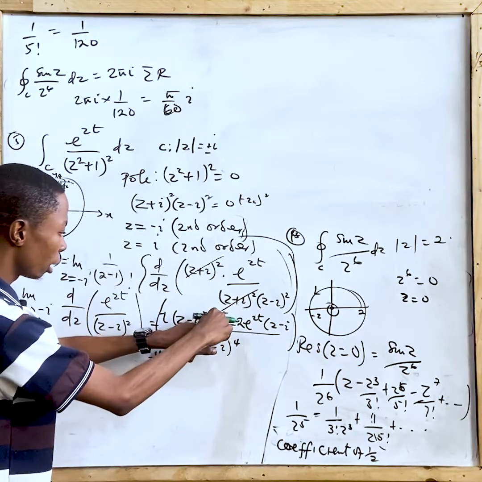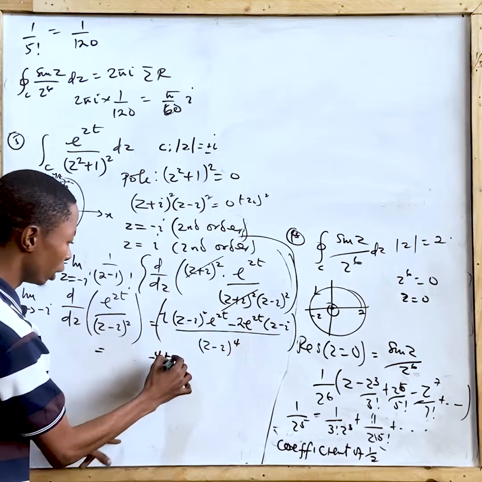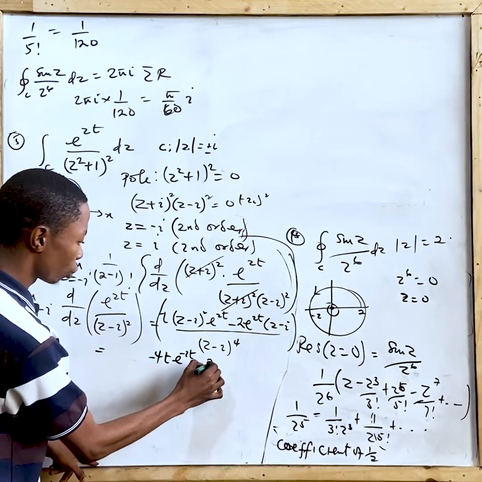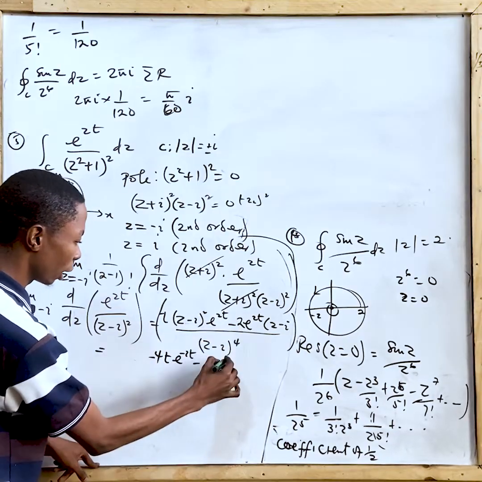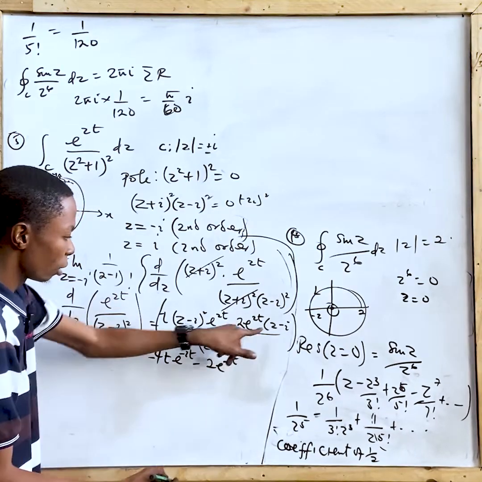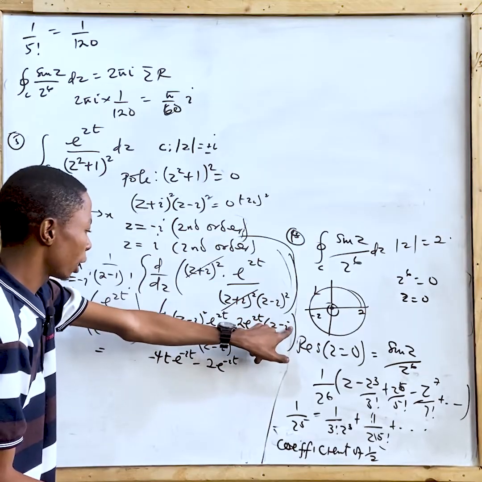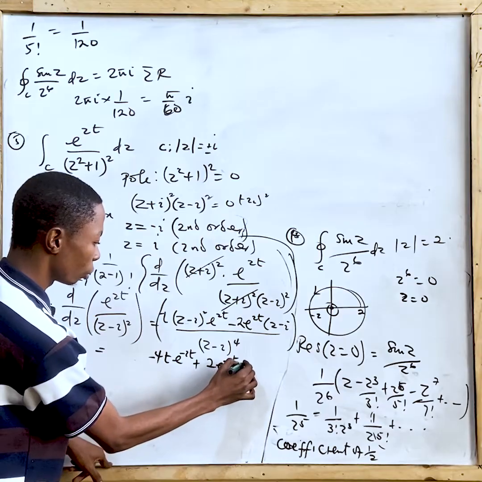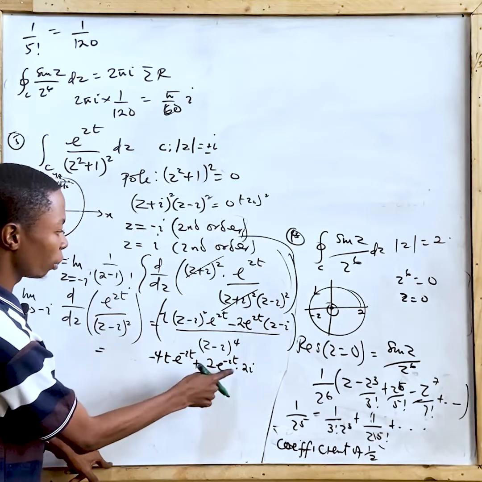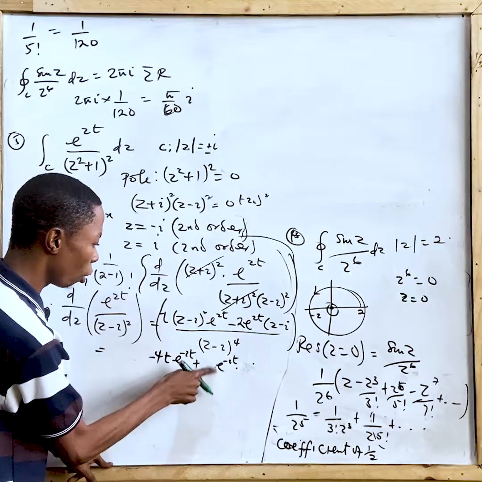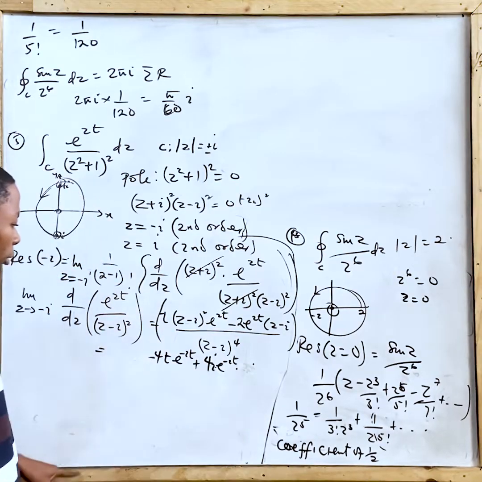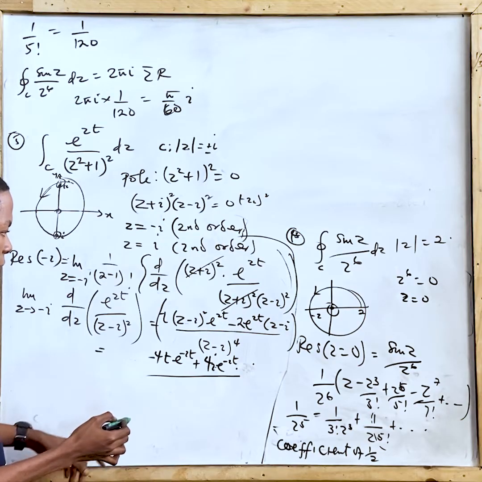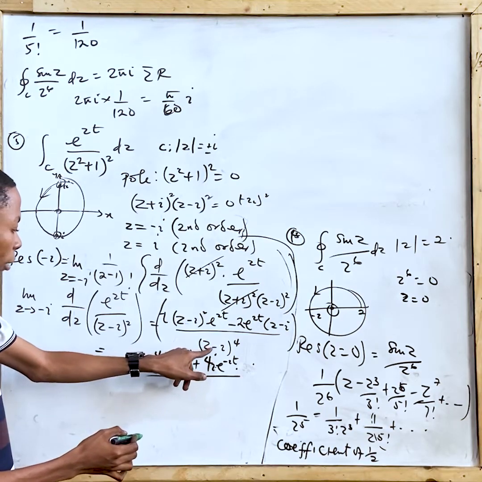If I'm putting minus i here now, this will be e raised to power minus it, minus 2 e raised to power minus it, put minus i here, minus i minus 2i, with this, to turn to plus 2i, but 2 and 2i will give me 4i, divided by (z minus i) all squared.